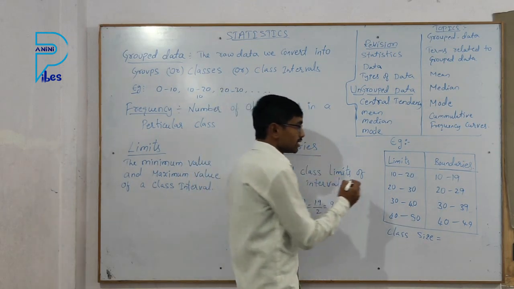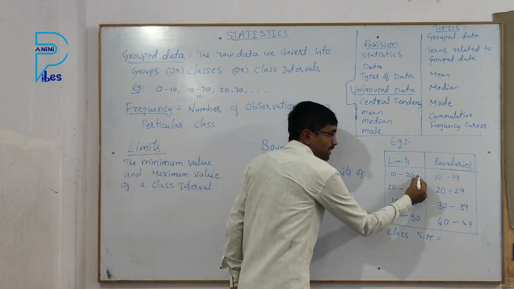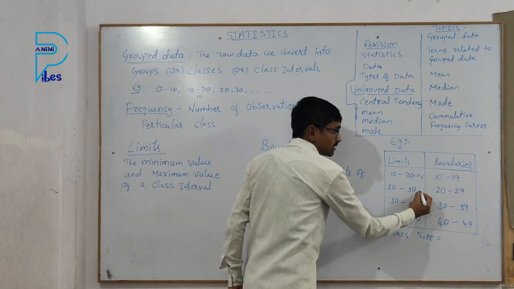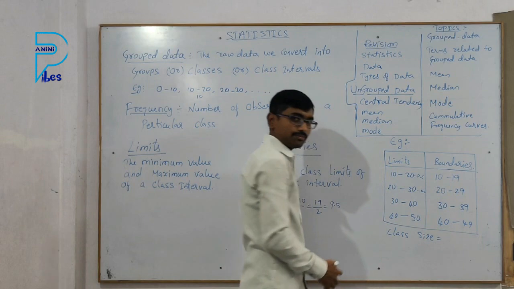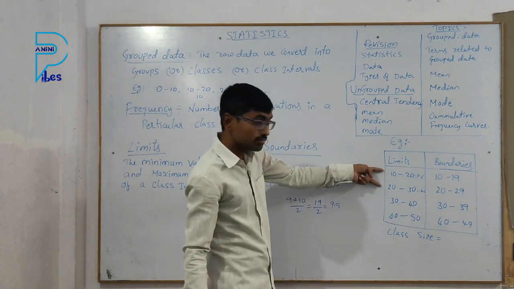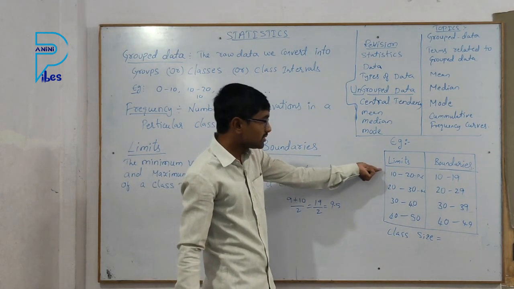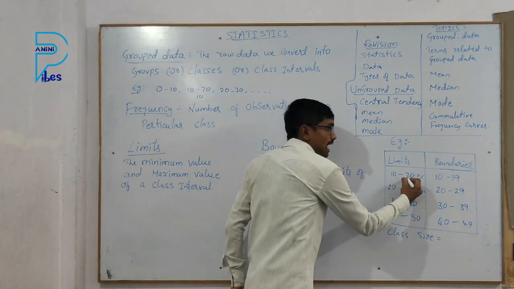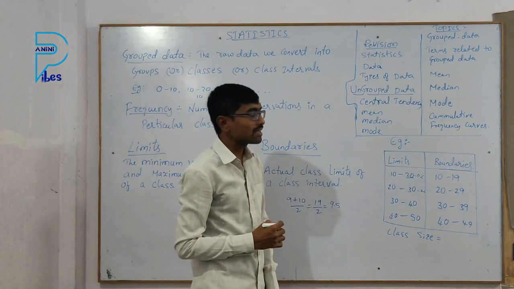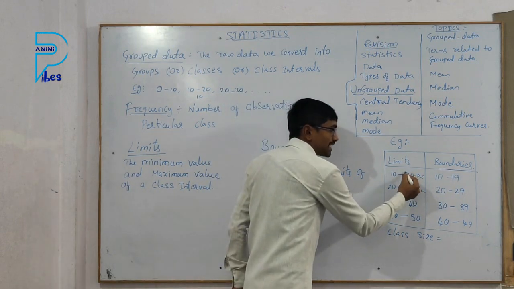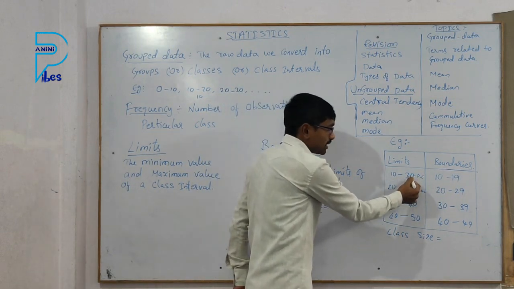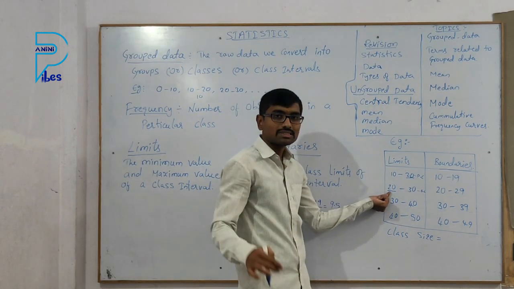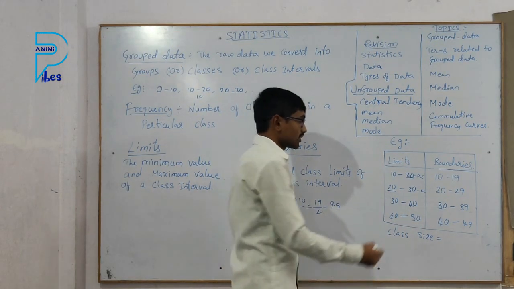You can see this is a preceding class interval, and this is a succeeding class interval. The highest or maximum value of the preceding class interval is the same as the minimum value of the succeeding class interval.